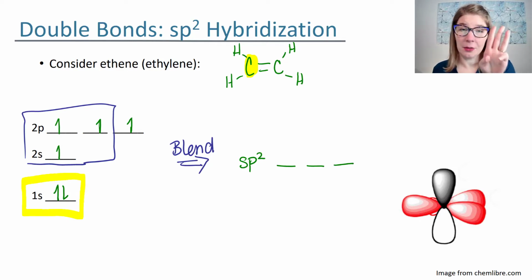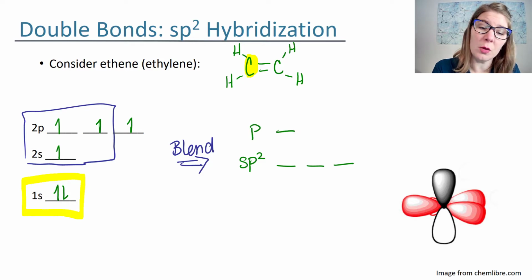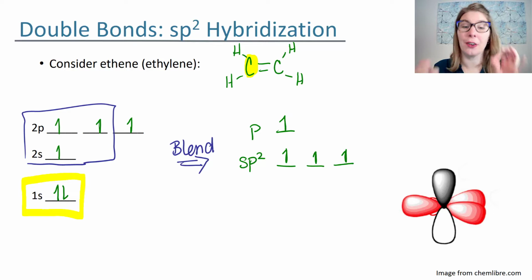I blended 3 orbitals, I get 3 orbitals out. The key is you didn't use one of the 2 p orbitals. So guess what? It's still there. So one unused p orbital is still present, and that is imperative. And it's imperative because that's what forms the pi bond.